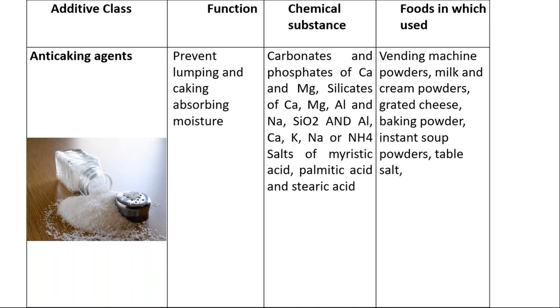Therefore, to prevent lumping and caking, anti-caking agents are used, which are generally the carbonates and phosphates of calcium and magnesium. Magnesium carbonate is a very common anti-caking agent. They are also used in milk creamer, baking powder, instant soup powders, etc.